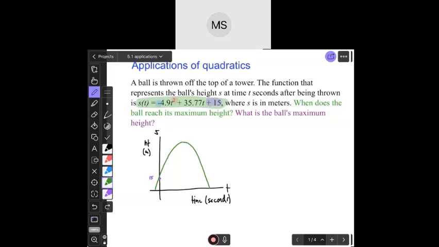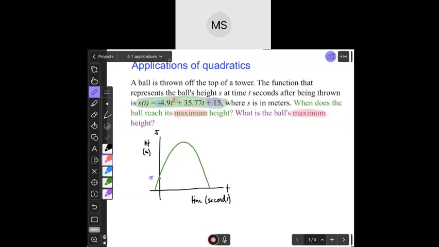As I read the question: when does the ball reach its maximum height, and what is the ball's maximum height? So what's up with this word? What are they referring to there? I can use some vocab though, Maddie, instead of saying the tallest point.